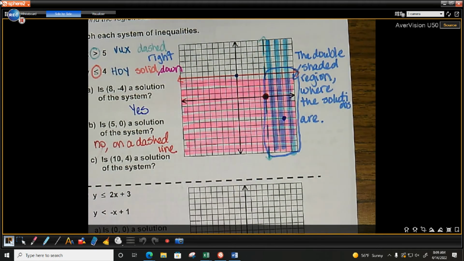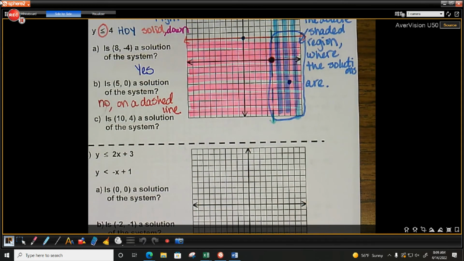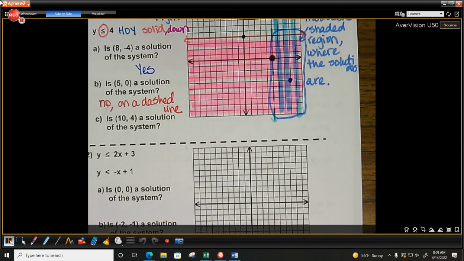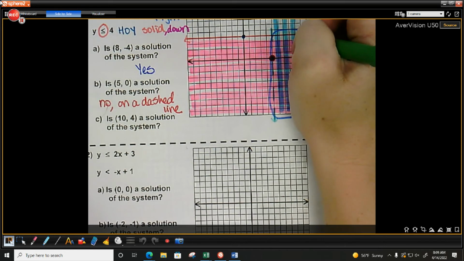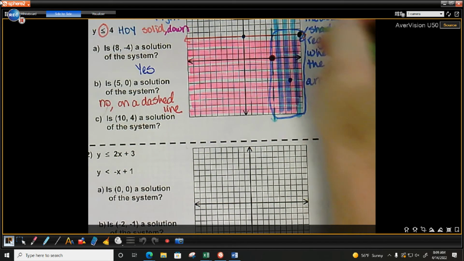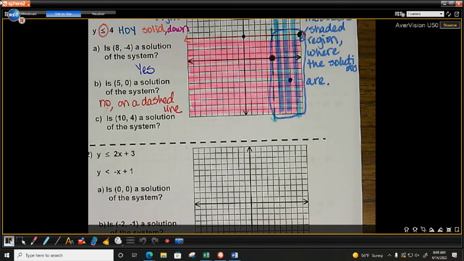How am I going to plot the point 10, 4, Lexi? Remember, ordered pairs are x, y. X is your... To the right 10 and then up 4. Very good. Right 10, up 4. So that's also on a line that is bordering the double shaded region. What kind of line is that one on?